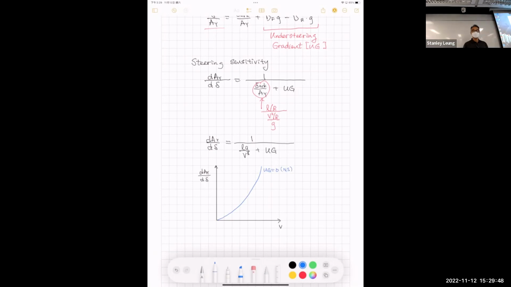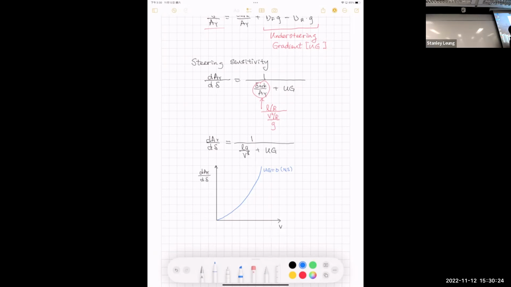Good, right? So as velocity gets bigger and bigger, this term gets smaller and smaller. But if we include the UG, if the UG is not 0 and is something positive, that means an understeer car.